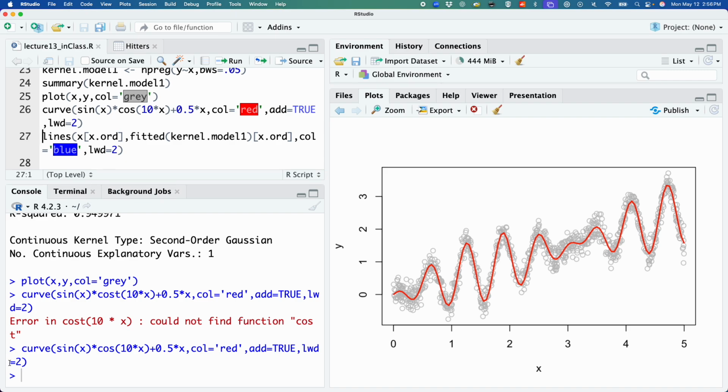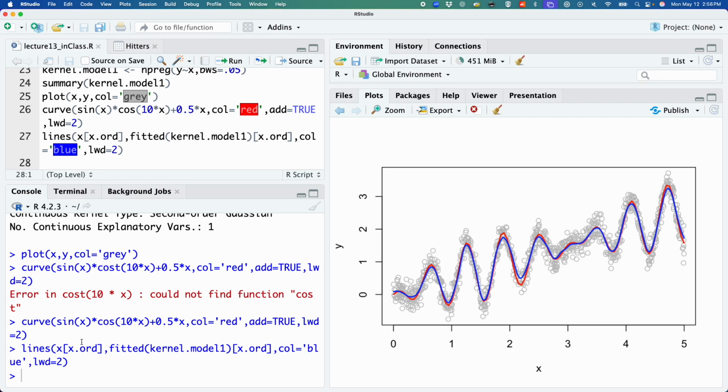Actually, it looks like it says Gaussian. Yes, you're right, the default is the Gaussian kernel. They're very common to use, and the performance is pretty similar.